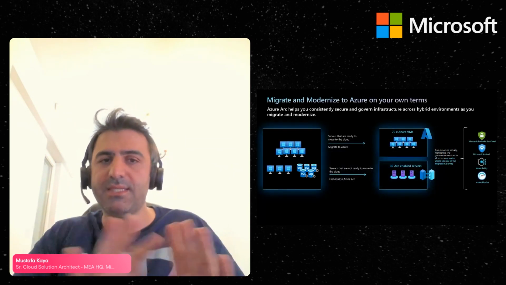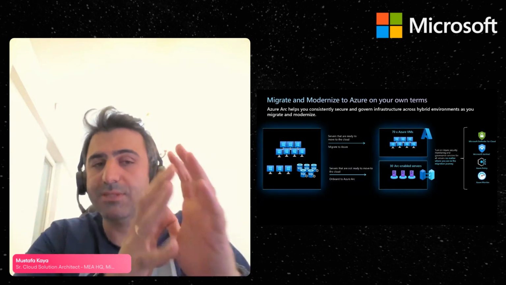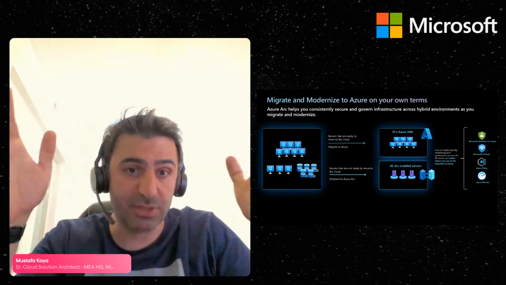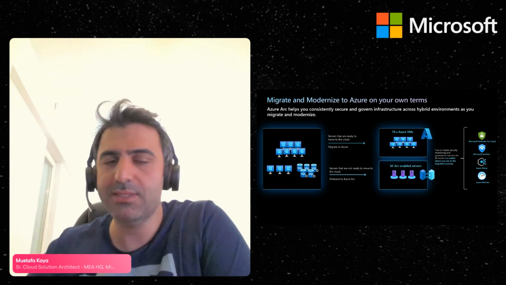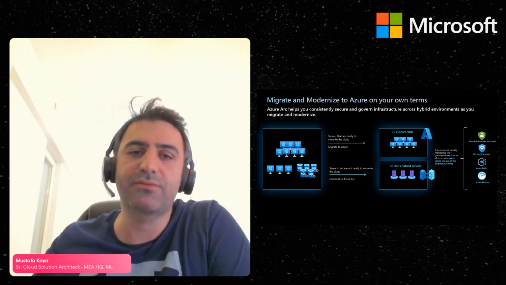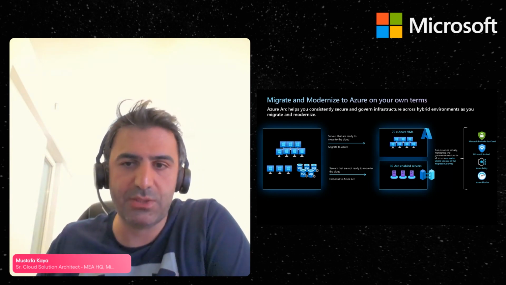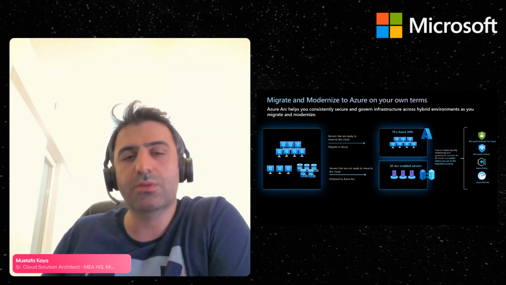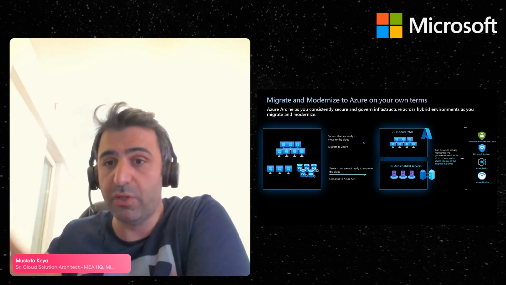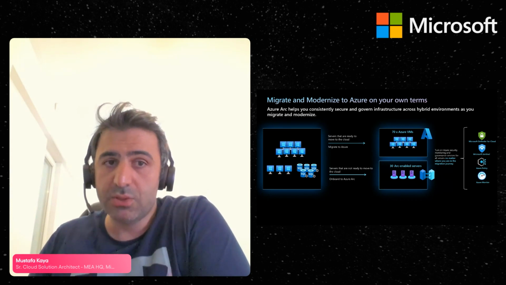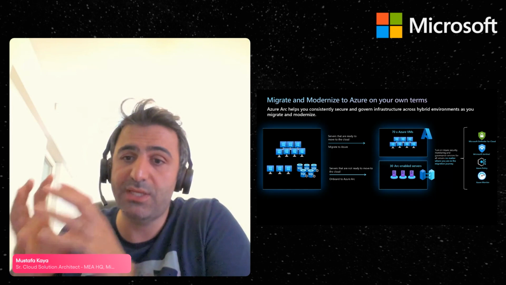This is our portfolio of capabilities to support your hybrid and multi-cloud strategy, because with this new cloud and digital transformation, we have distributed infrastructure. So we need to manage this distributed infrastructure from a single control plane. With this portfolio, it all starts for us with Azure Arc.